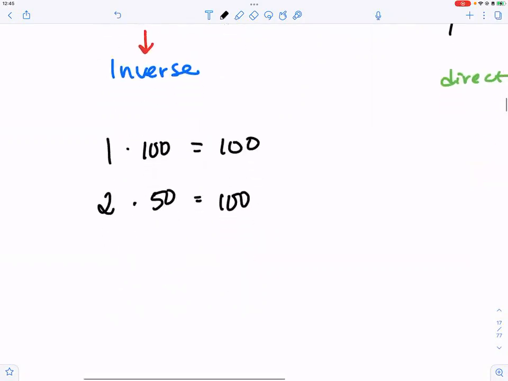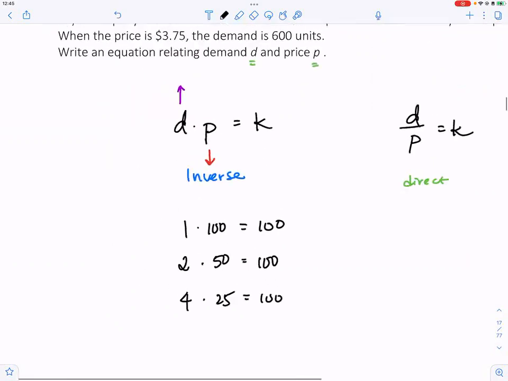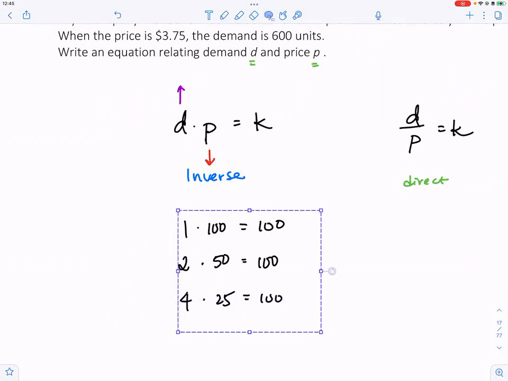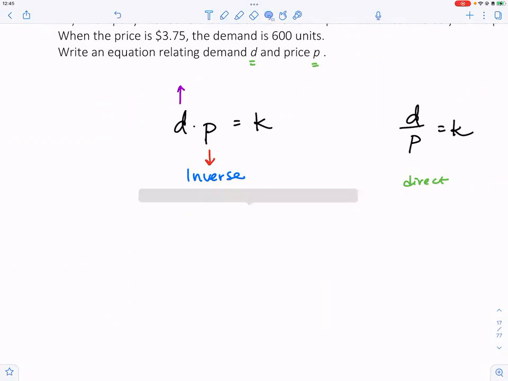If I keep increasing the first number from 1 to 2 to 4, then the second number would go down from 100 to 50 and further down to 25. So this is a very good concrete example to show you why, when two variables are multiplying together, they are inversely related. Okay, so that would be our equation to begin.